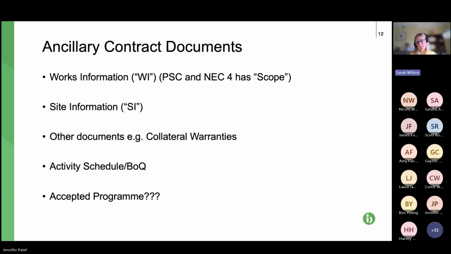And the alternative, and what we commonly have with JCT, is that we have to engage an expert programmer once a dispute has arisen, and the first task they have to do is go back, use the evidence that they have, and recreate the history of what actually happened on site. And then, and only then, can they start to impact the delays, and see who caused the delay and what was the cause of the delay.